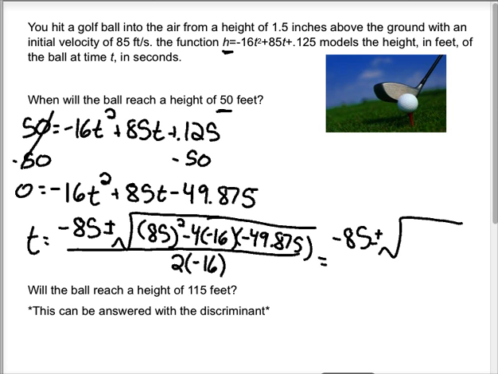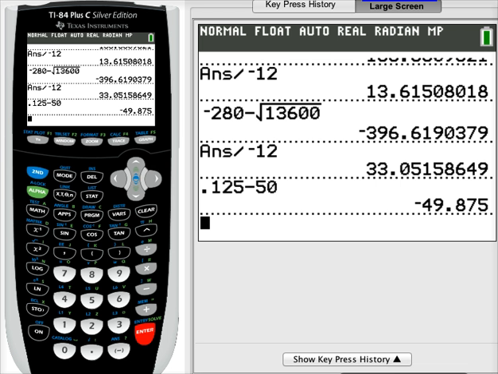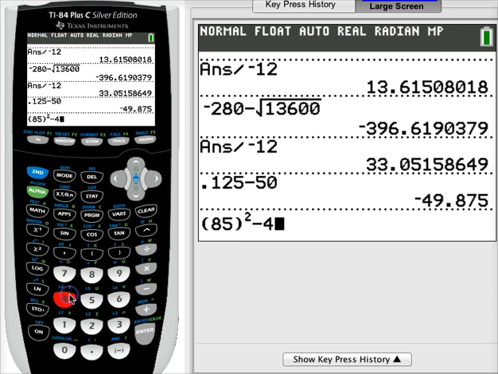So again, the first thing we're going to do, we're going to simplify this mess right here. So 85 squared minus 4 times negative 16 times negative 49.875. Oh, sorry, I forgot a parenthesis. I'm just going to restart that.